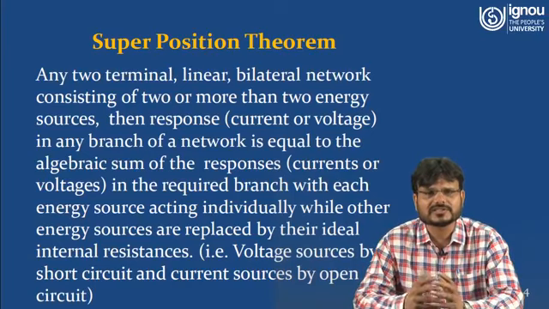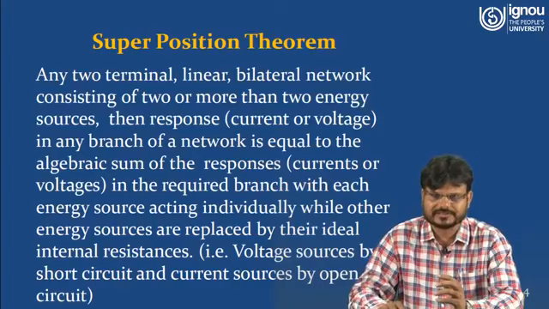And what is the internal resistance of an ideal voltage source? It is 0, which means it can be replaced by a short circuit, and the internal resistance of an ideal current source is infinite, which means it can be replaced by an open circuit.